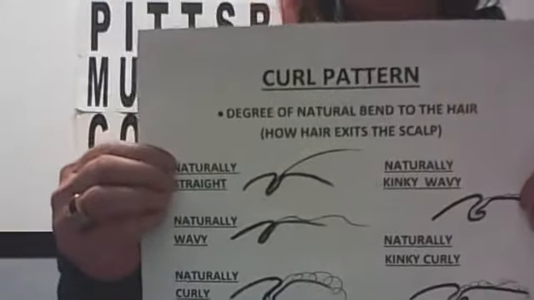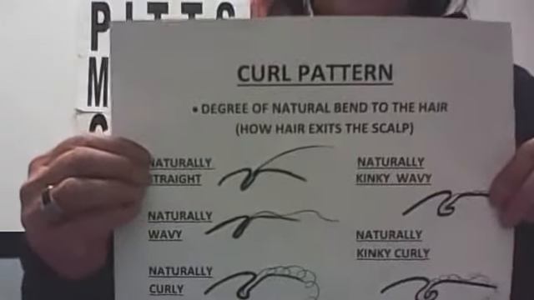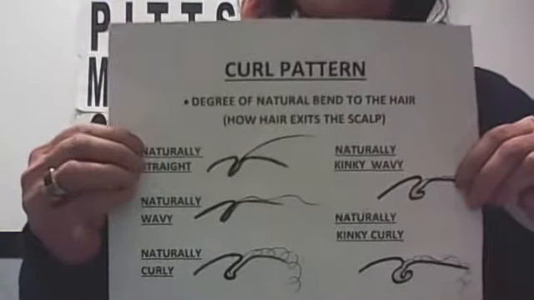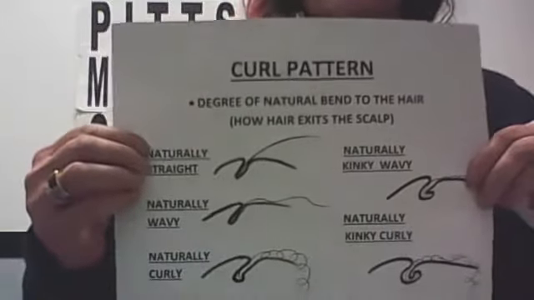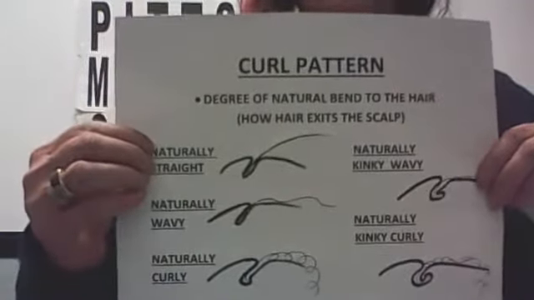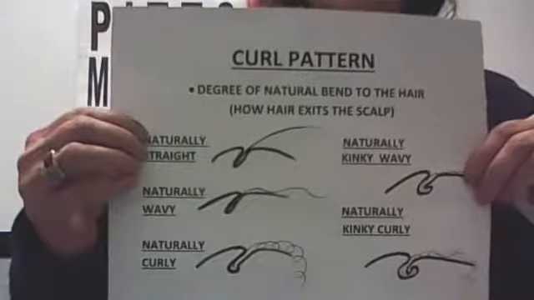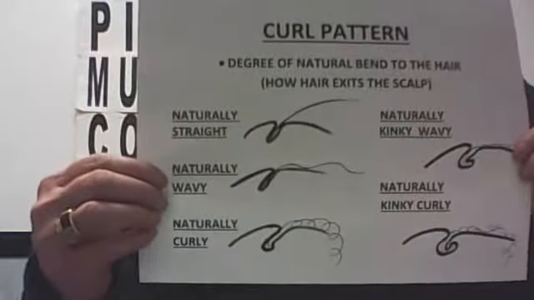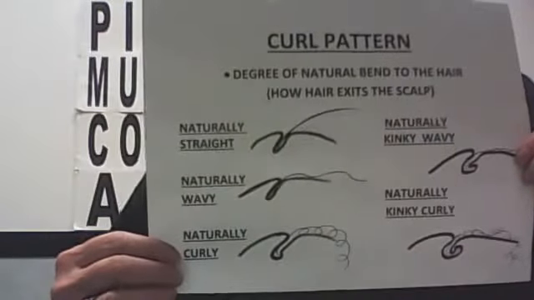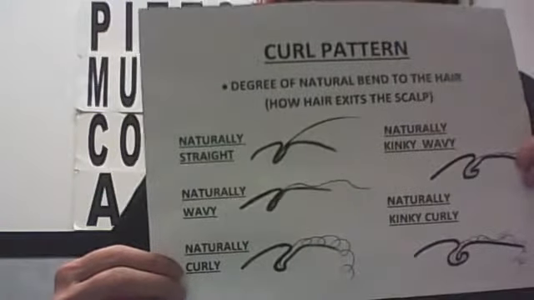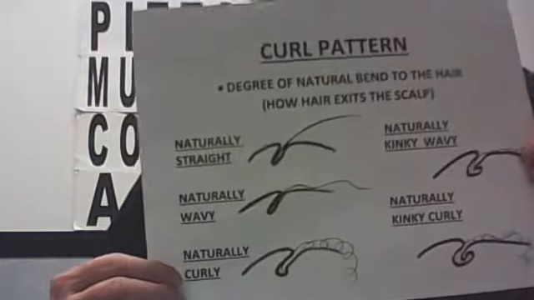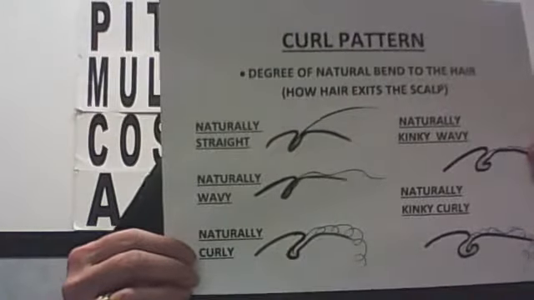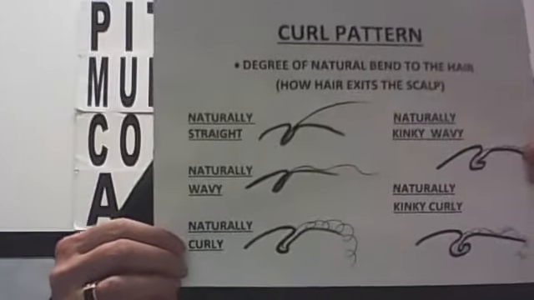To identify the curl pattern, you have to look down at the scalp and see how it comes out of the head. How is it exiting that follicle? How is it coming out? Is it coming out straight, or is it taking an immediate bend when it comes out of the head? These curl patterns, naturally straight, naturally wavy, and naturally curly, when they come out of the head naturally, with no relaxer or permanent wave in it, natural hair, when it exits the scalp, it's straight.